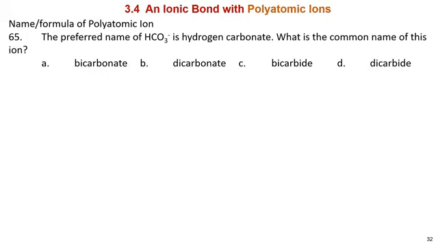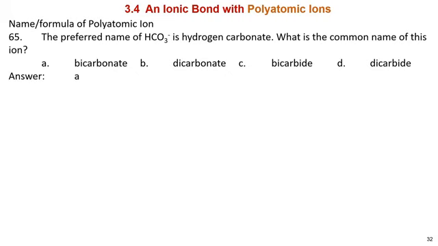Bicarbonate, hydrogen carbonate. The systematic name is hydrogen carbonate. It's also called bicarbonate. Hydrogen sulfate, bisulfate, dihydrogen sulfate. We have ions with hydrogen.